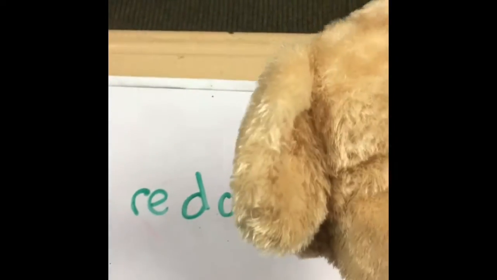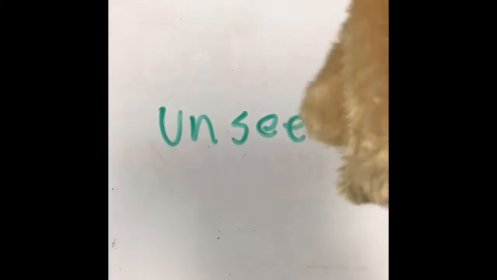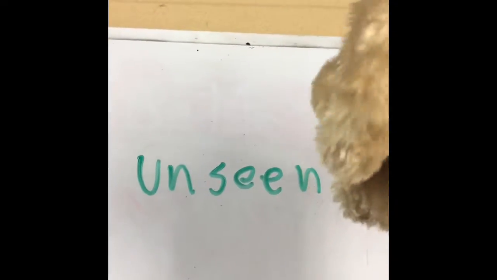So, let's look at some examples of more words with prefixes in them. Let's sniff them out, shall we? Okay, now we have a brand new word. The word is unseen. Could you tell me what the root word in this word is? That's right. The root word in this word is seen. Now, can you tell me what the prefix is in this word?